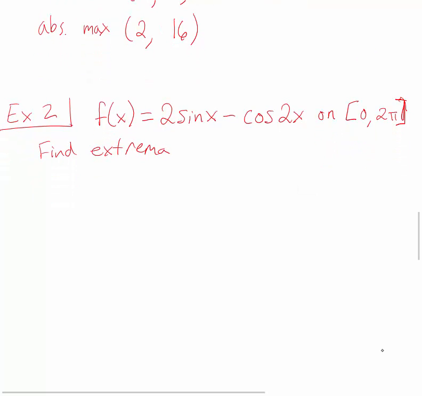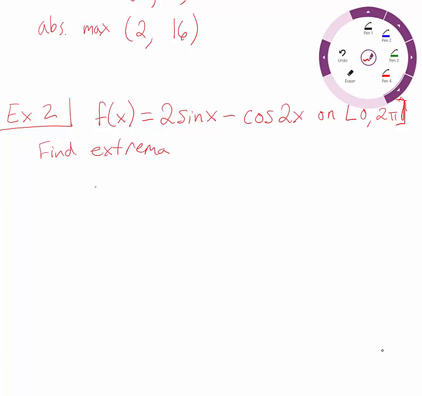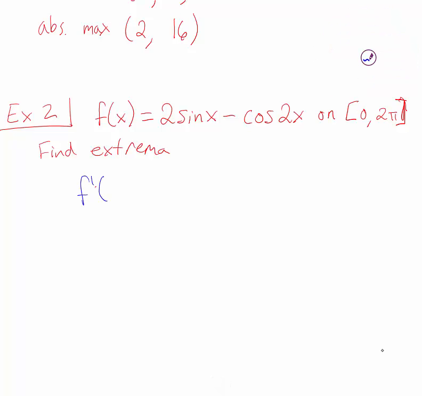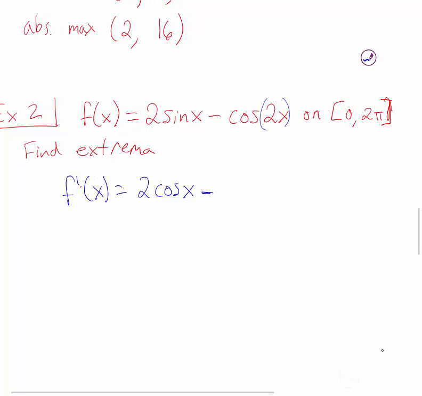So first step, we want to find those critical points, and that's going to be when we set the derivative equal to 0. So f prime of x, that will be 2 cosine x minus, now this is going to be a chain rule. We do Robert's method. a is 2x, b is cosine a, a prime is 2, b prime will then be negative sine a, which is negative sine 2x.